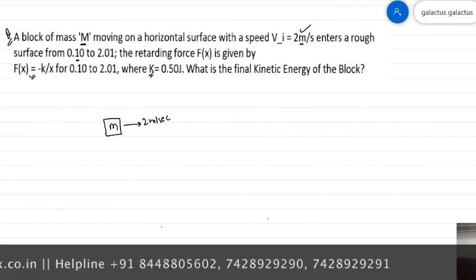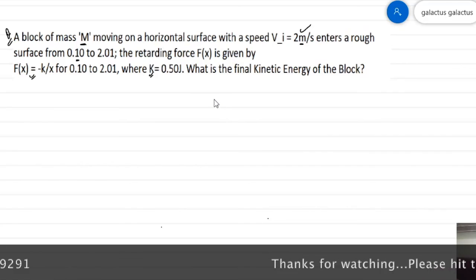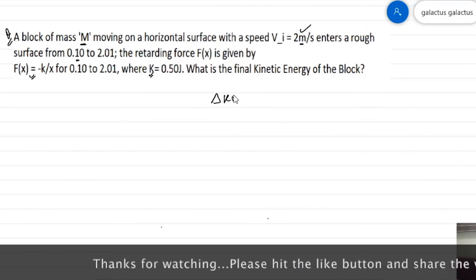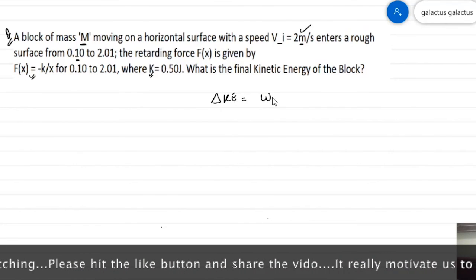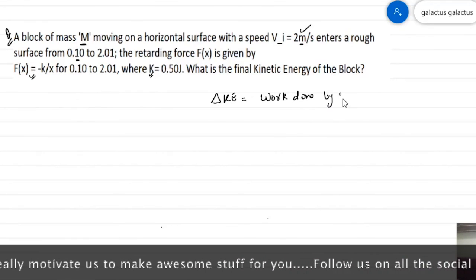To do this question, we first have to understand what the work energy theorem is. As I said before, the work energy theorem says the change in kinetic energy is equal to the work done by the force.